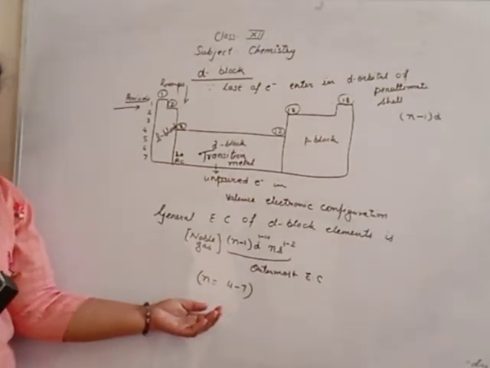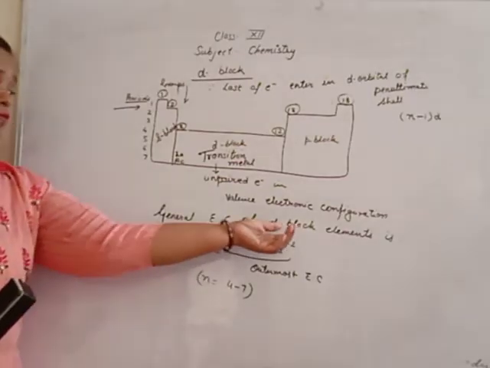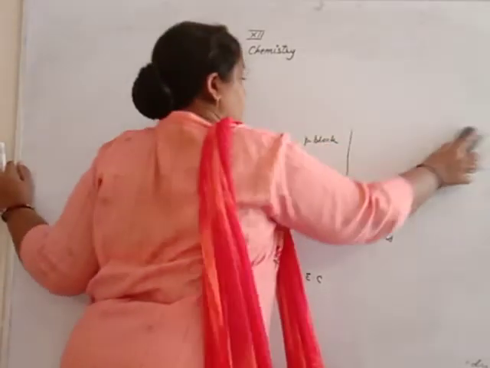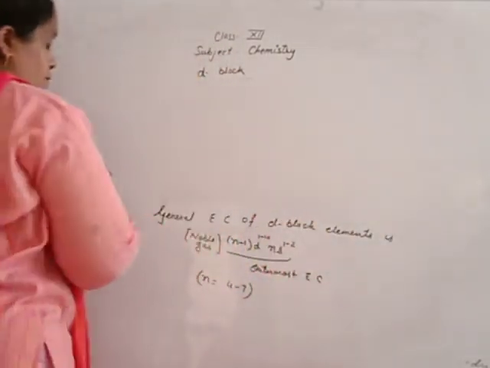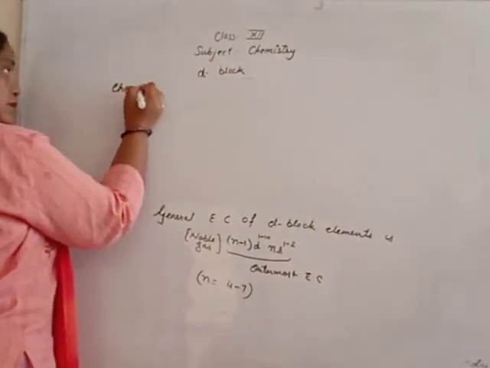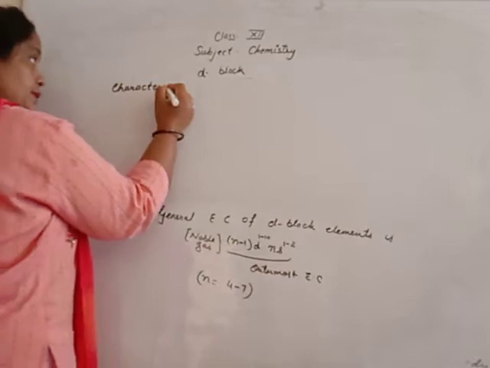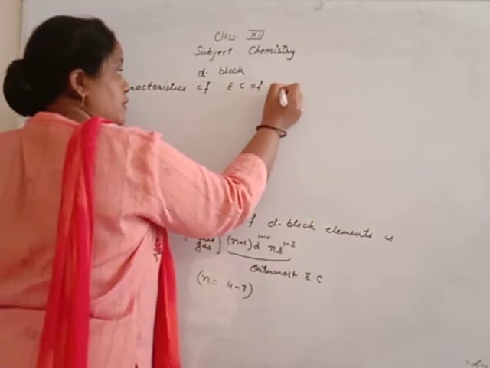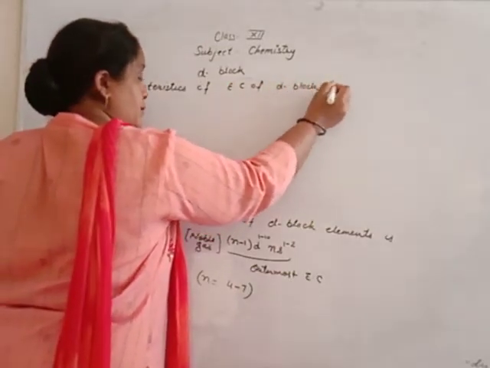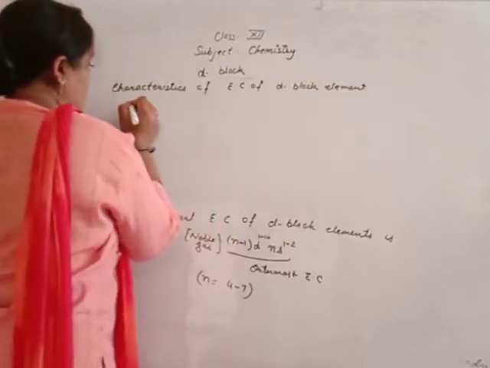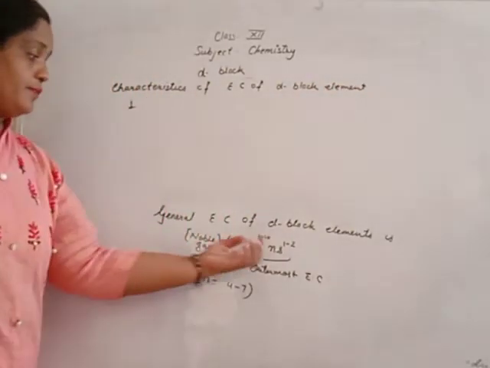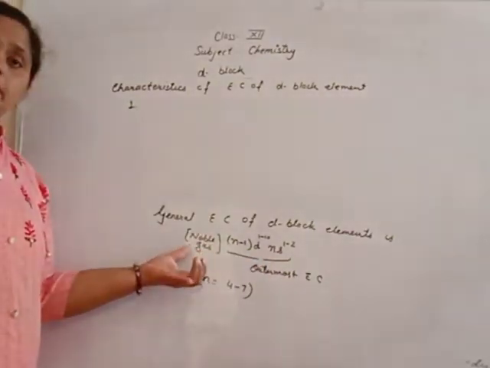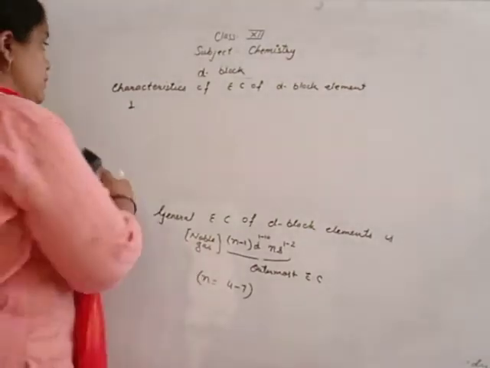What are the importance or characteristics or features of electronic configuration of d block elements? First one, beta, you see from here, the inner core is the noble gas configuration. The innermost electronic configuration is the noble gas configuration.